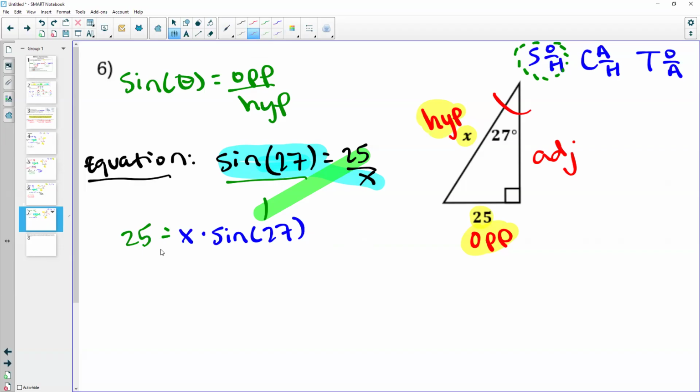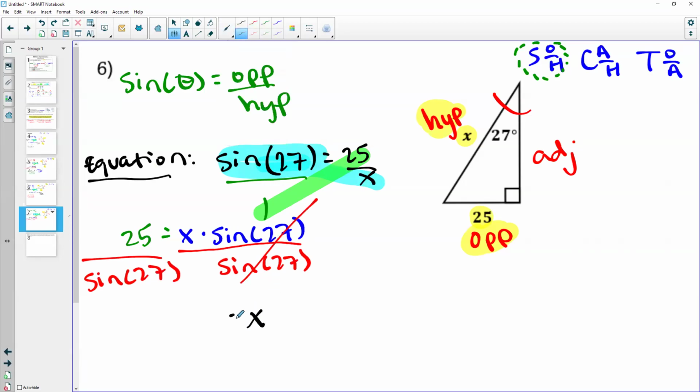We want to solve this equation for x. If I have x times sine of 27, we're going to cancel the times sine of 27 by dividing by sine of 27 on both sides. So this cancels, leaving us with x is equal to 25 divided by sine of 27. And that right there represents your exact answer.